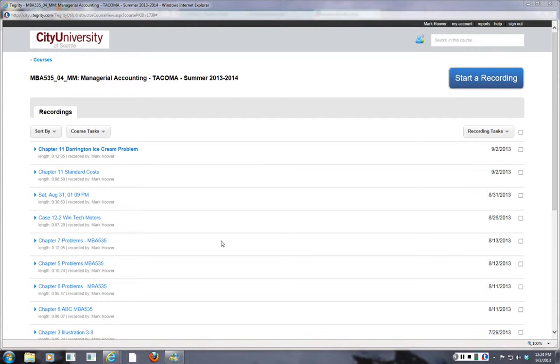Remember, the final will be true and false and multiple choice. It's about concepts. Chapter 1 talks about the goal of managerial accounting. You need to understand the difference between managerial accounting and regular outside financial accounting. Planning, budgeting, control, performance reports, decision making.